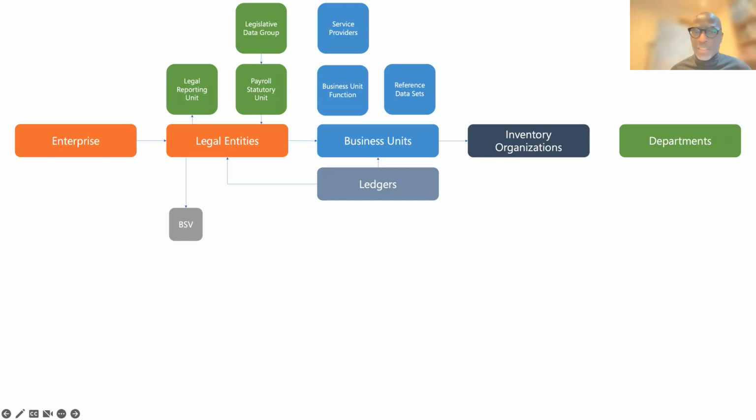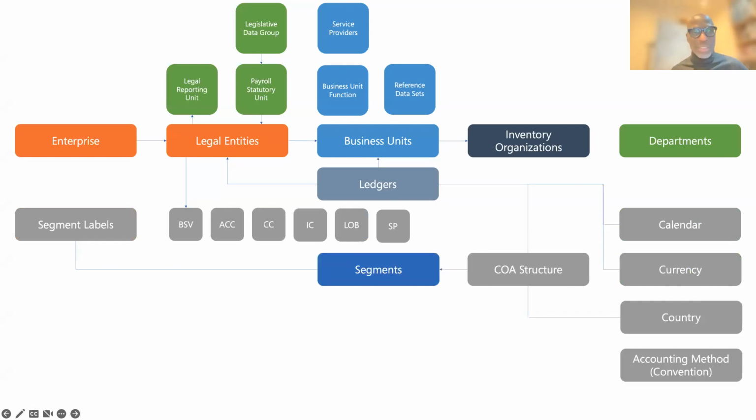I'm going to talk about that in a minute. Your calendar for your periods, your currency, the currency of that transaction, is it in your local currency or in a foreign currency, as well as other required options that are defined when we start to look at the implementation in detail. So your ledger is structured in this format.